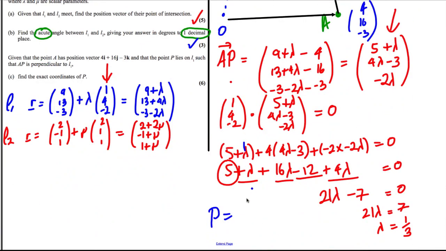So P is going to be 9 and a third, 13 plus 4 times a third, so that's 14 and a third, and negative 3, subtract 2 times a third, which gives us negative 3 and 2/3. So P is 9 and a third, 14 and a third, and negative 3 and 2/3.